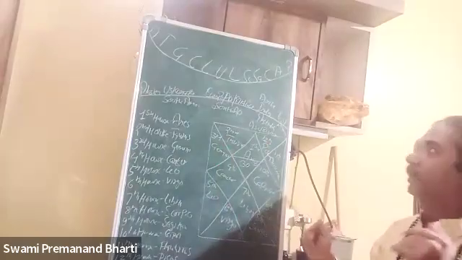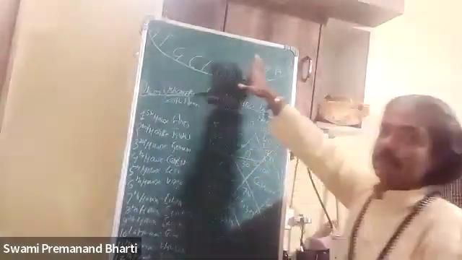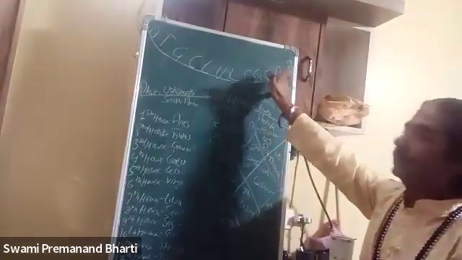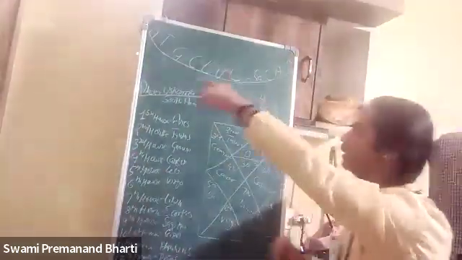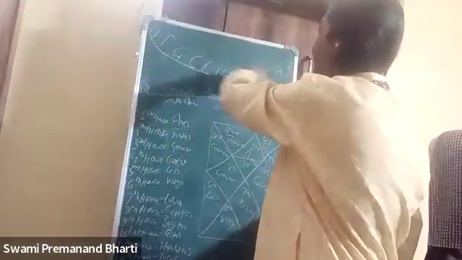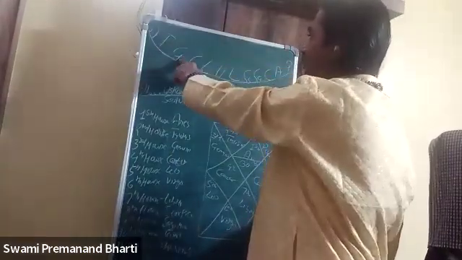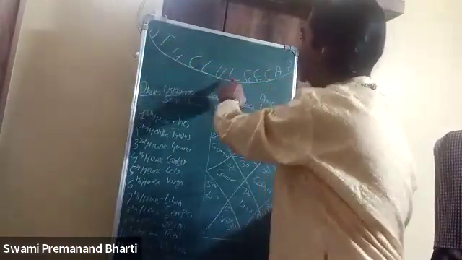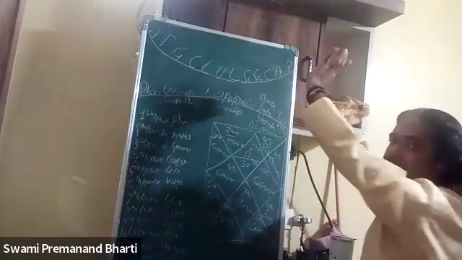If you see this picture, these are the signs which are written, like the sky. This upper line is the sky, and the signs are floating around. So Aries, Taurus, Gemini, Cancer, Leo, Virgo, Libra, Scorpio, Sagittarius, Capricorn, Aquarius, Pisces.